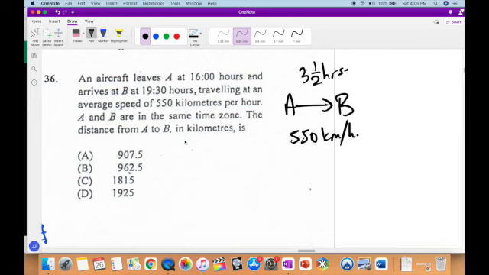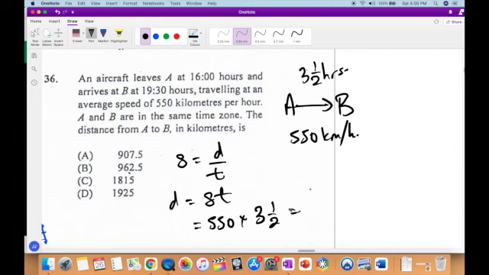The distance from A to B is this. Well, we know that speed is equal to the distance moved over time taken. So therefore, distance is equal to speed multiplied by time. So that is your 550 multiplied by your 3.5.